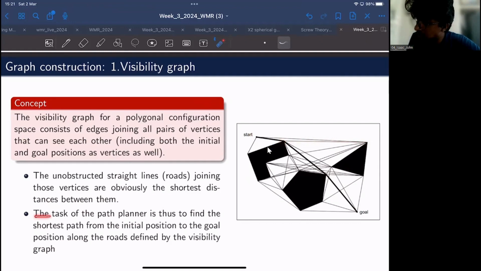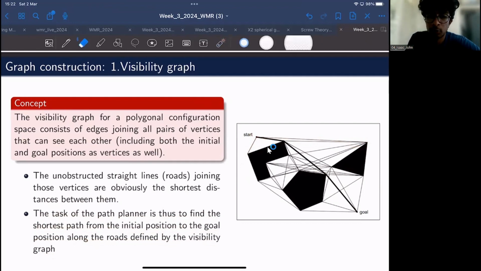The task of the path planner is thus to find the shortest path from the initial position to the goal position along the roads defined by the visibility graph. What this visibility graph does is it will only create a network of roads. That's all it does.